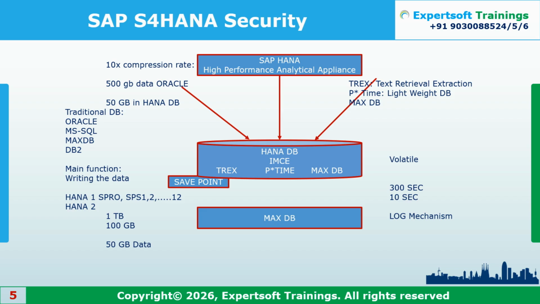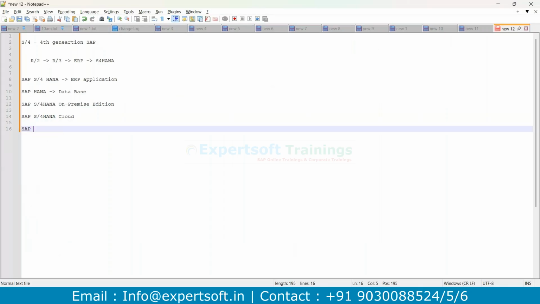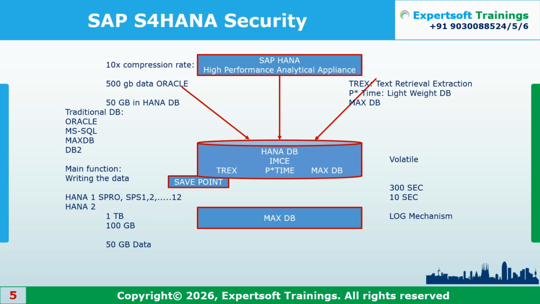Next, coming to the introduction of SAP HANA: what is SAP HANA and what technologies are we using to implement HANA? Just the introduction part. HANA is nothing but High Performance Analytical Appliance.